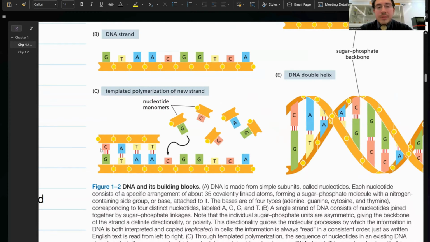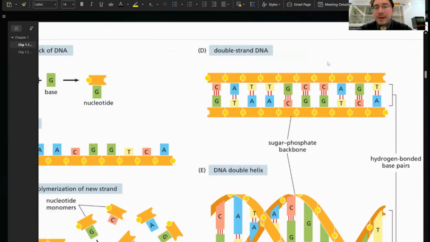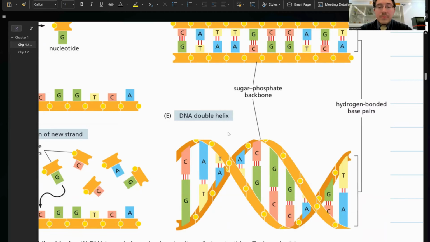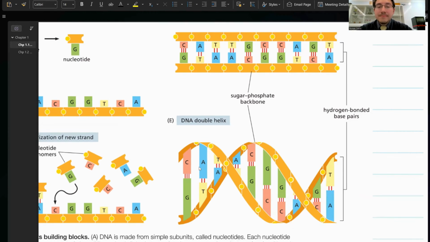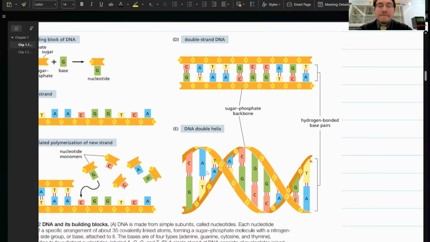Ultimately, you get this chain together, and as a result of the hydrogen bonding from these new nitrogenous bases, you create this double helix conformation, ultimately creating the DNA double helix.